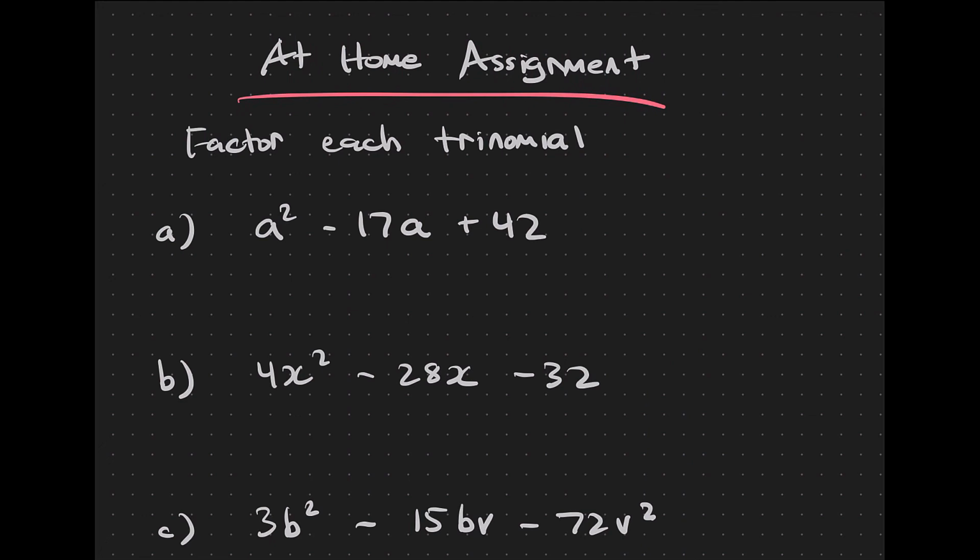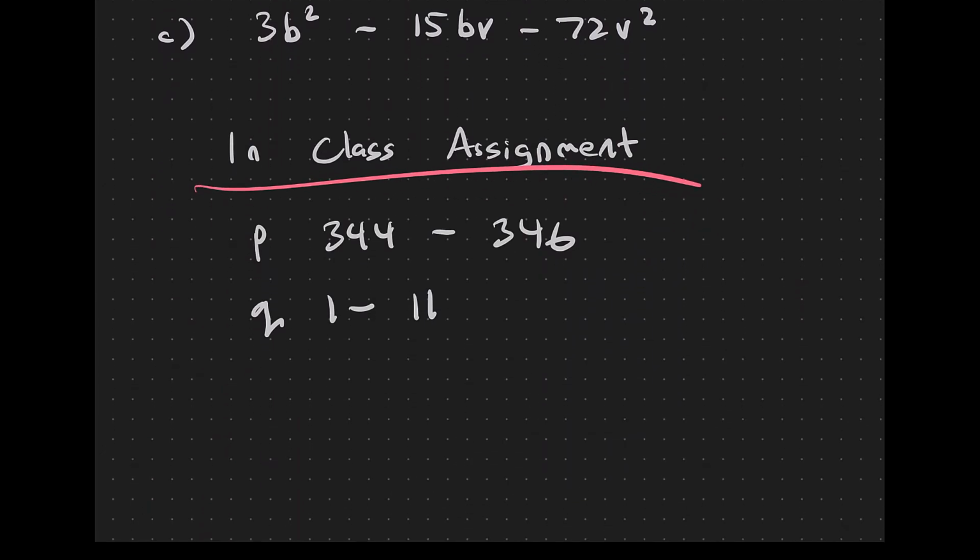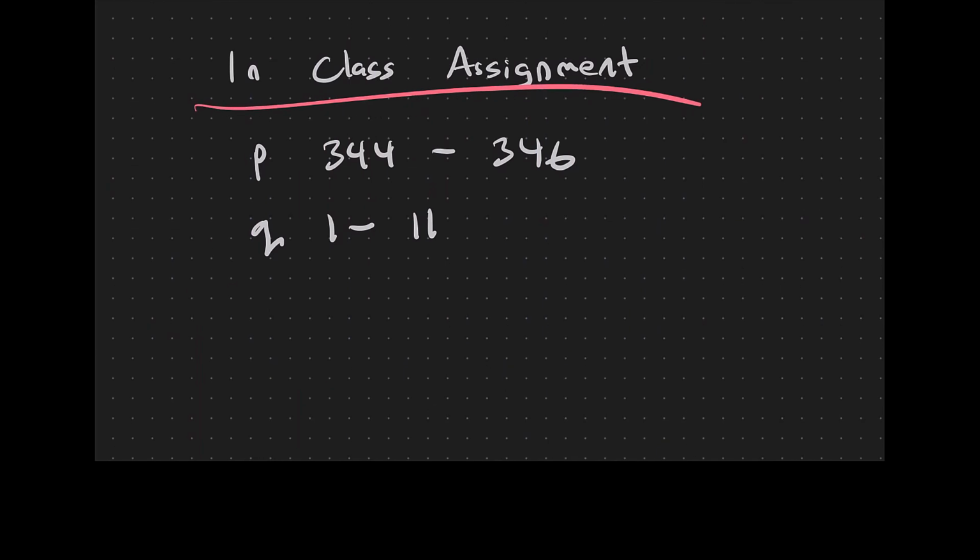And C is 3b squared minus 15bv minus 72v squared. And please complete that and bring it to class on the assigned date. In class that day, we will be working on questions 1 through 11, pages 344 to 346.